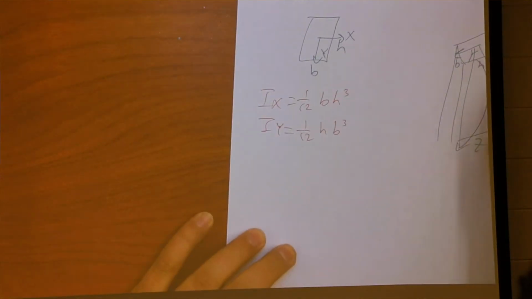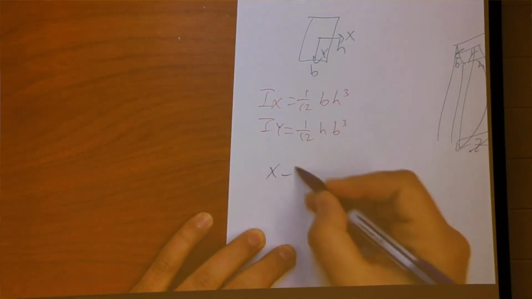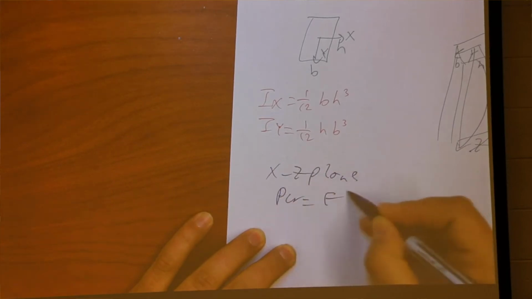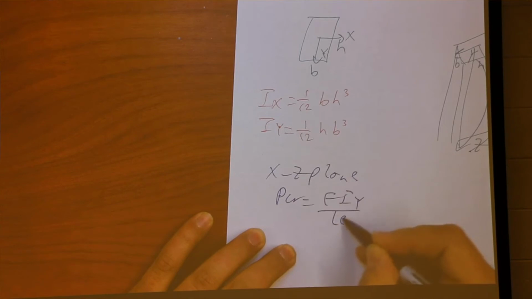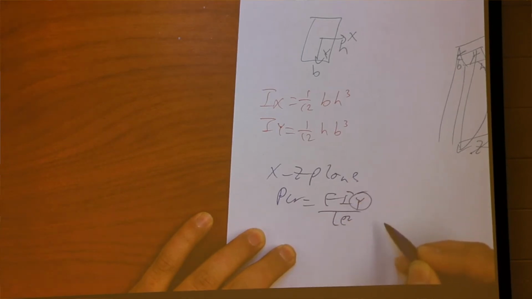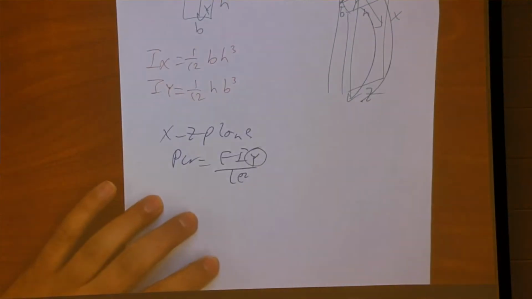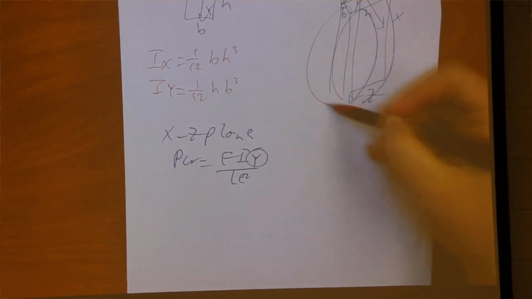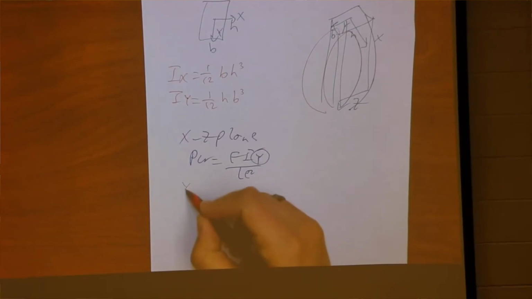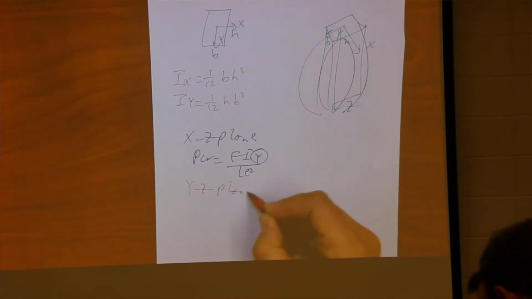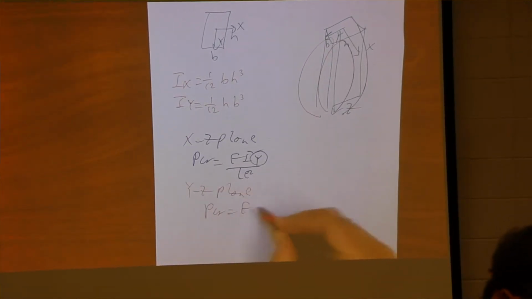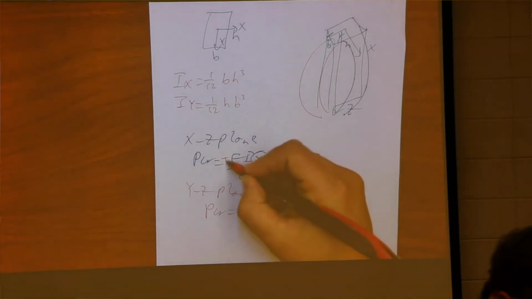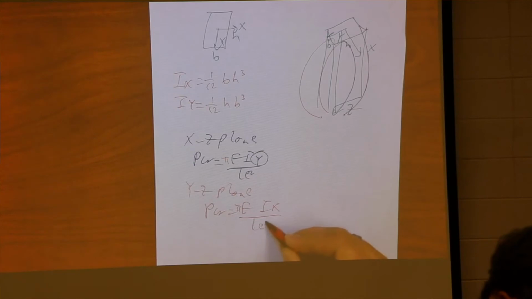This column will buckle this way, which is in the XZ plane, so you use Iy. If you are buckling this way, in the YZ plane, then P critical equals pi squared E Ix over L effective squared.